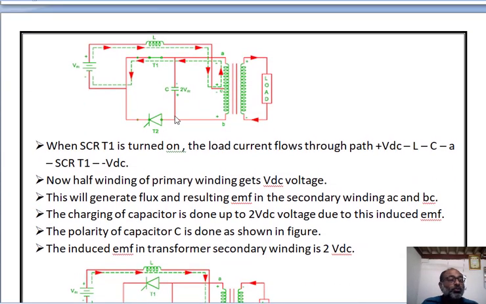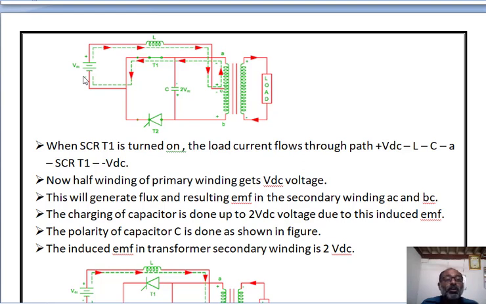As shown in this figure, when SCR T1 is turned on, the load current starts to flow through the path: plus VDC, then inductor L, then the upper half part of the primary winding, that means C, A, then thyristor or SCR T1, then the negative terminal of the battery.